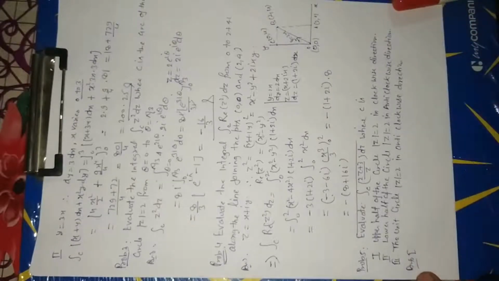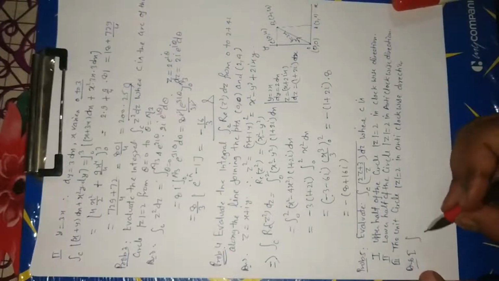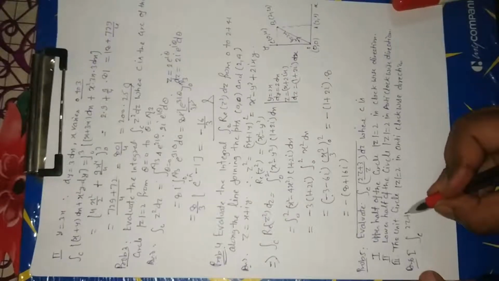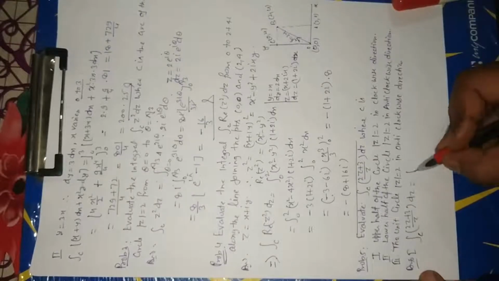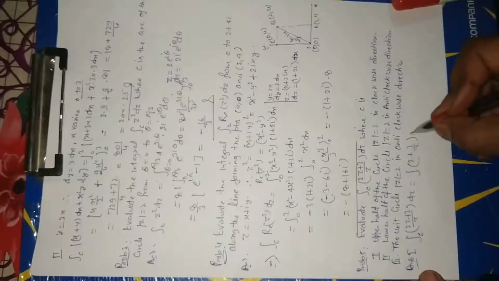Number first part, integration over contour C of (2z plus 3 upon z) dz.